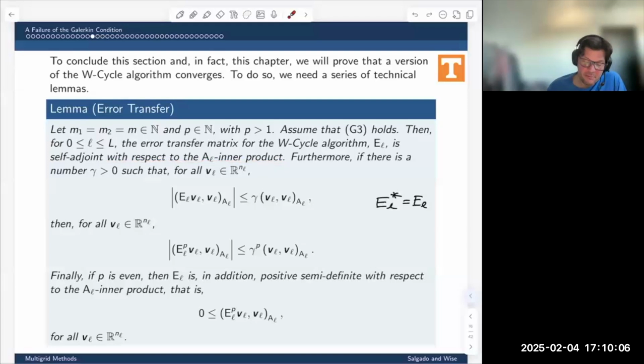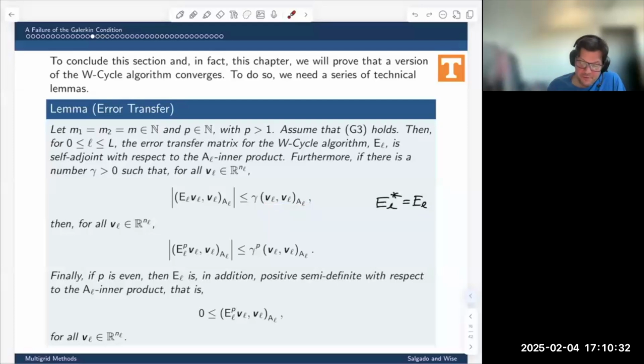Furthermore, if there is a number gamma greater than 0 such that for all VL in R^NL, the absolute value of the AL inner product of EL VL with VL is less than gamma times the AL inner product of VL with itself. So this is the AL norm of VL squared.